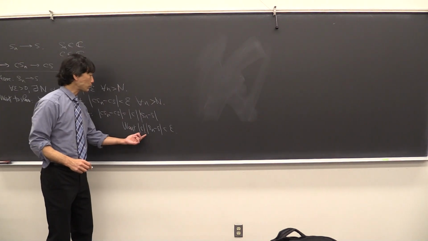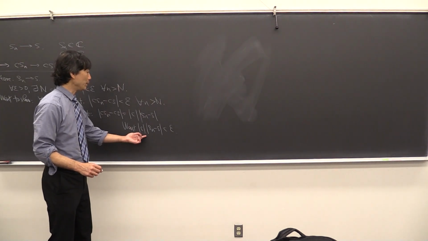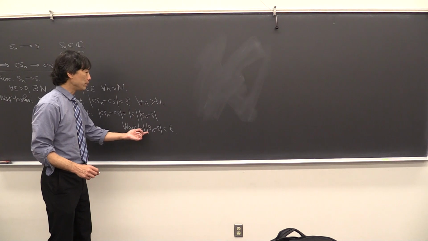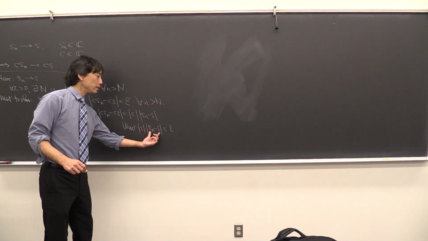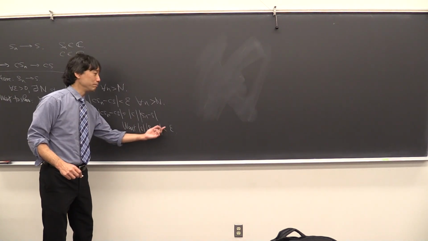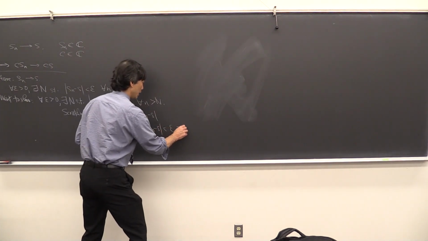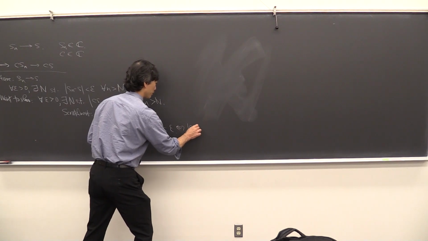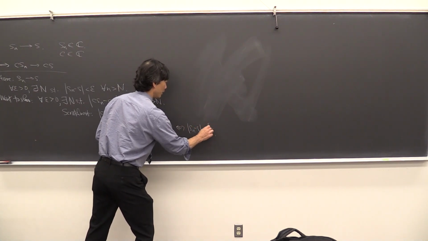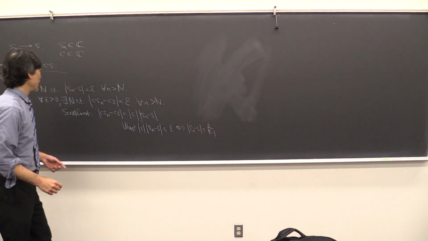That's the same thing as saying that we want |Sn minus S| to be smaller than epsilon over modulus C, right?